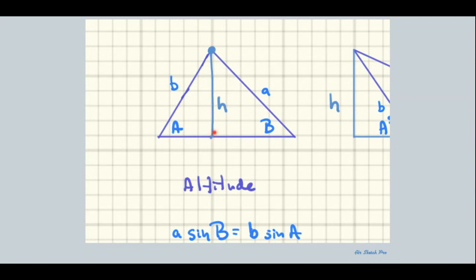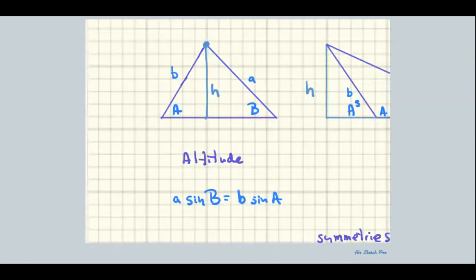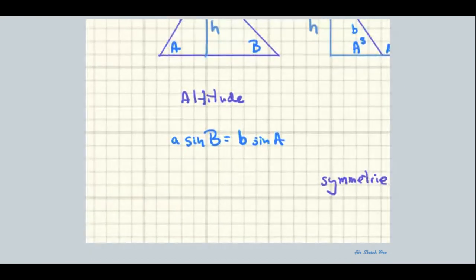And in either case, elevation is a y thing, is a sine thing. So this altitude is sine B scaled by its hypotenuse: a sine B. Looking from the other side, it's sine A scaled up by its hypotenuse: b sine A. So a sine B is b sine A. And that's the basics.